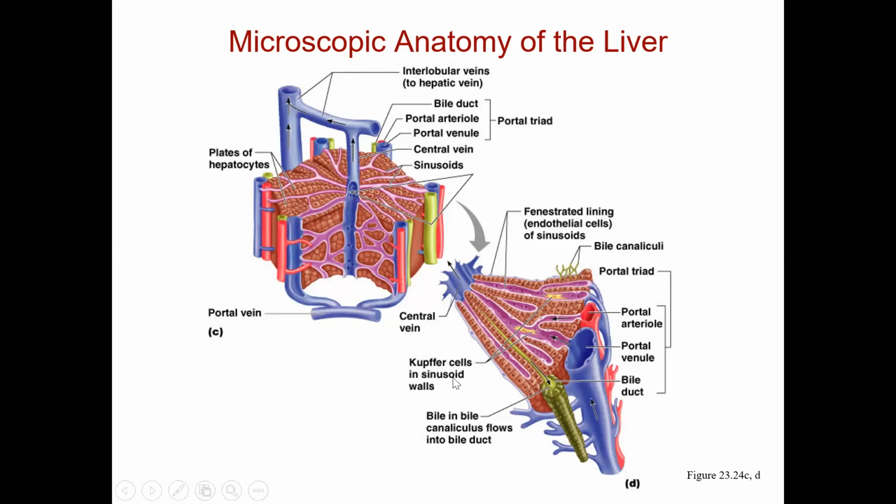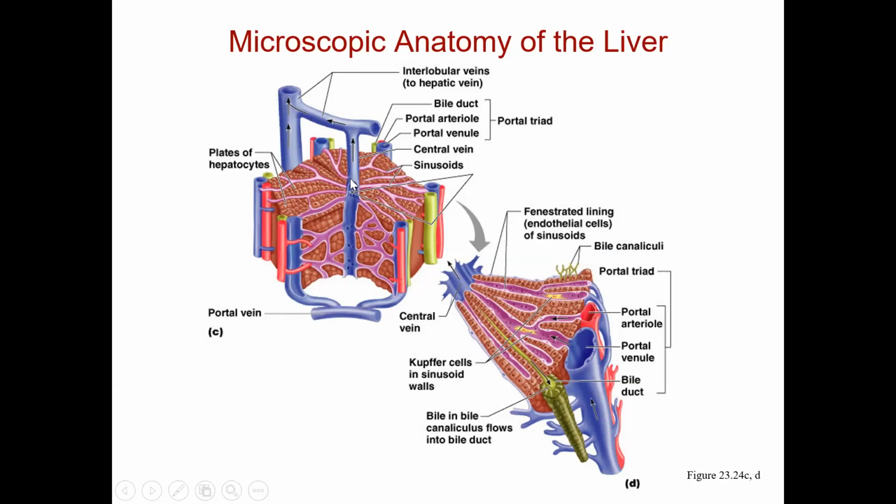If you remember, sinusoids have much bigger pores and allow bigger molecules to get in and out, right? So nutrients will be released to the hepatic cells. At the same time, the bigger molecules made by hepatic cells can get into the sinusoid and then get to the central vein. But this portal vein carries oxygen-poor blood, so all these hepatic cells, to survive, need to have oxygen.